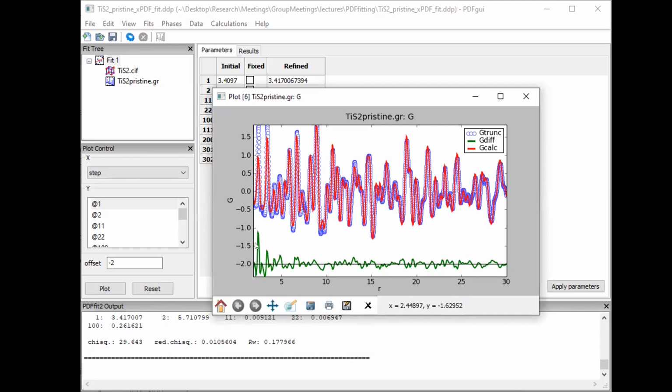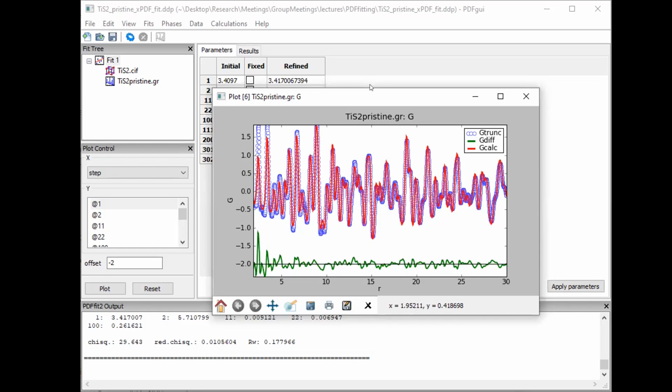And remember, this is the first peak, and it has a unique sharpness that has to be accounted for by the atomic correlation parameter. That's delta 1 and delta 2, and we chose delta 2. So now it could be a place to refine the delta 2 to have a better description of this first peak.